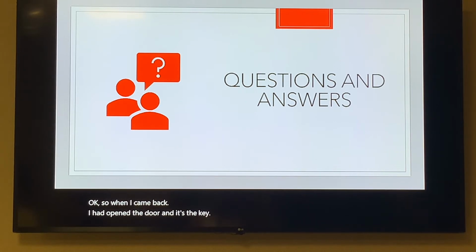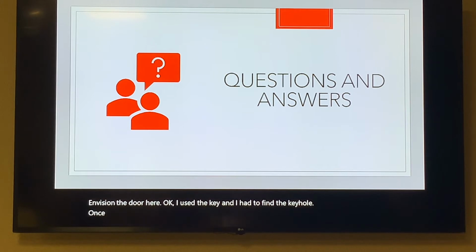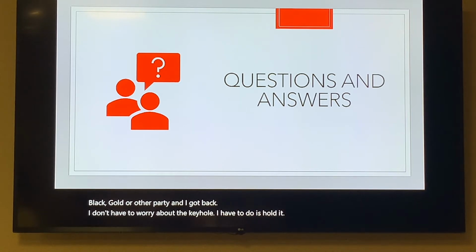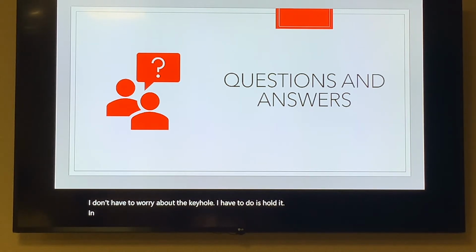Now envision the door here. I had to find the keyhole, and once I found the keyhole, I had to push it in. Hopefully I found the keyhole. Now, if I go to another party and come back, I don't have to worry about the keyhole. All I have to do is hold the fob up to the door. That's the difference. Plus the fact that you can lock yourself out, so be careful.